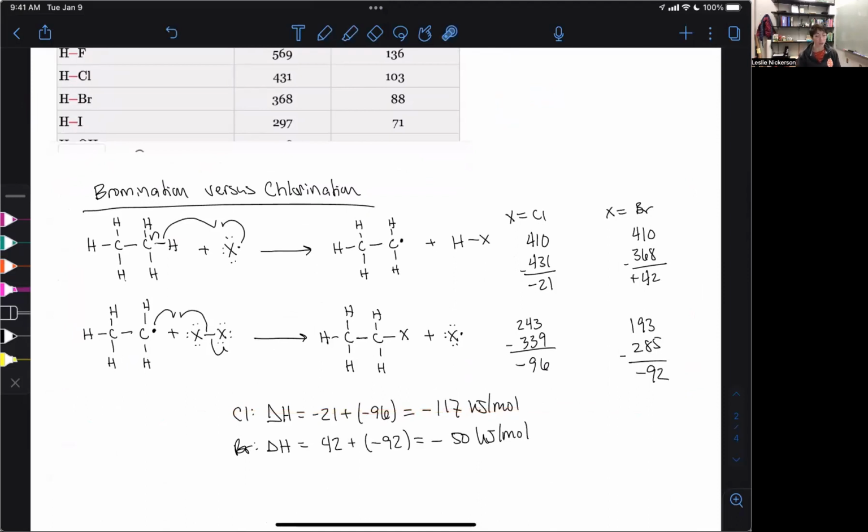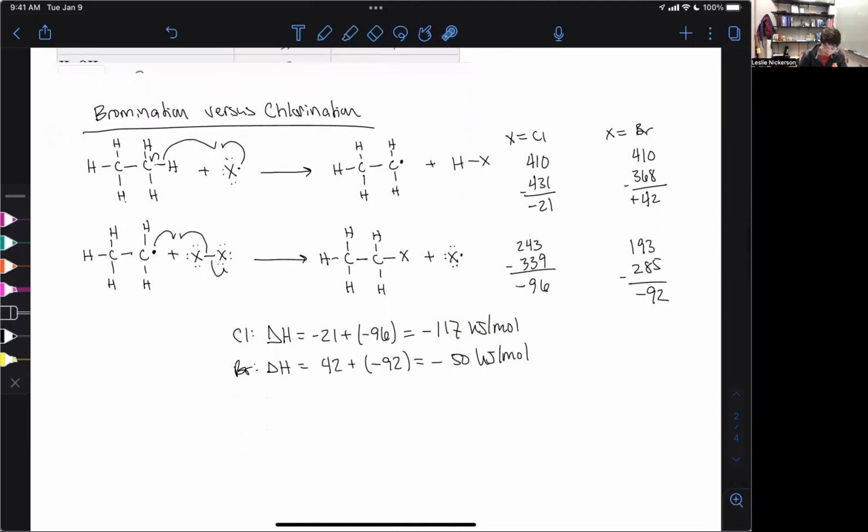Ethane is going to be a more typical example than methane. If you look at the methane ones, it's a little bit weird, and not many people actually do a halogenation on methane. It's more common to do it on some kind of more complicated hydrocarbon. So this is going to be a better overall view of bromination versus chlorination reactions. So we want to just look at the two propagation steps.